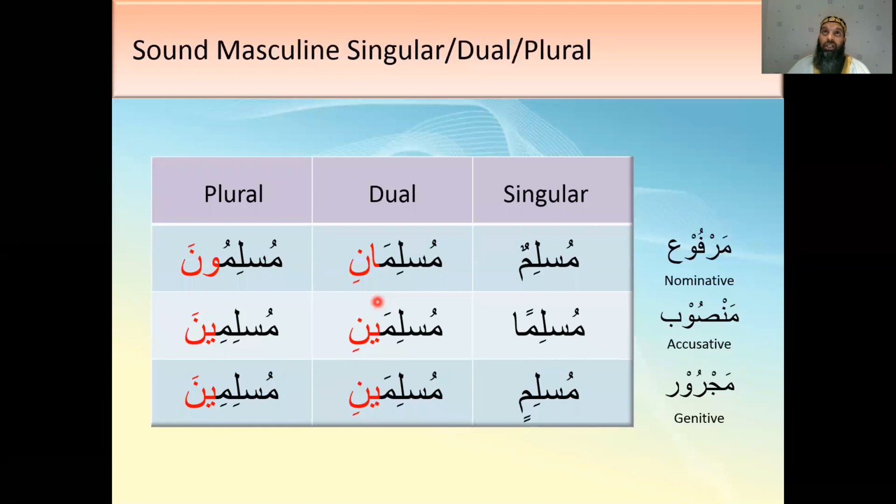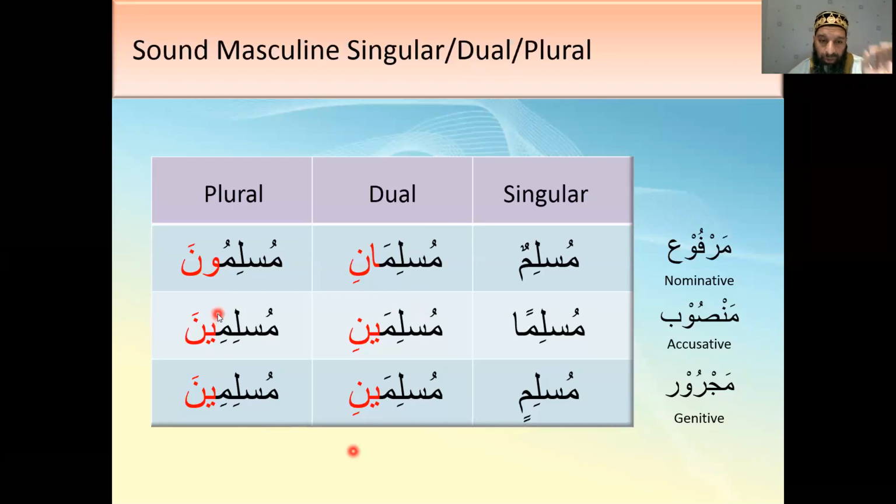Right? So fasiqaini. Abid. What does abid mean? Abid is a worshipper. Abdullah is worshipper of Allah. So how do you say two abids? Abidani or abidaini. Fantastic. Any one of them.